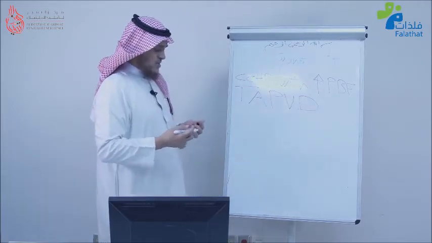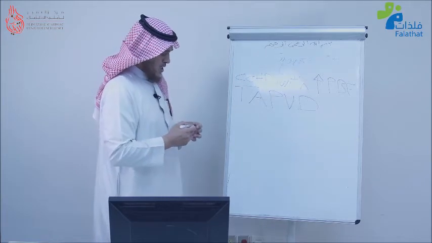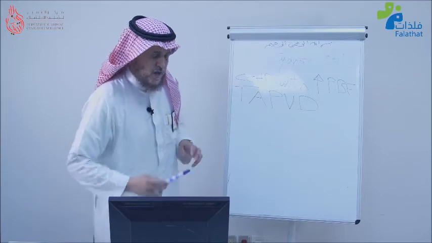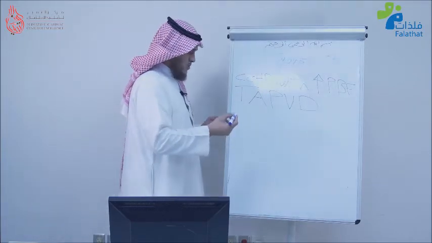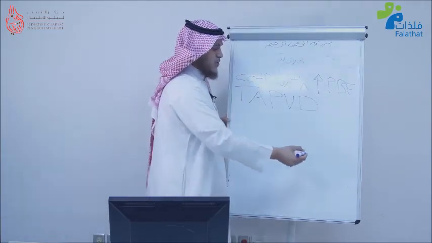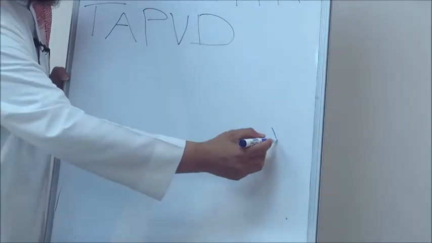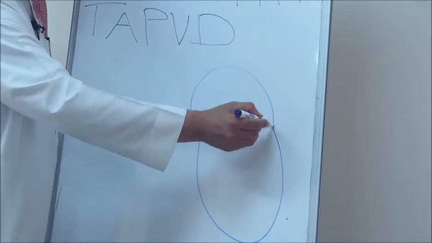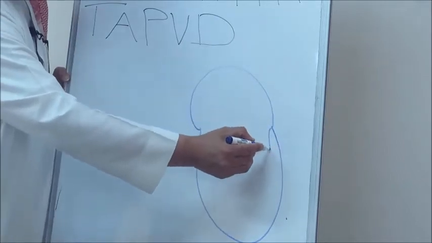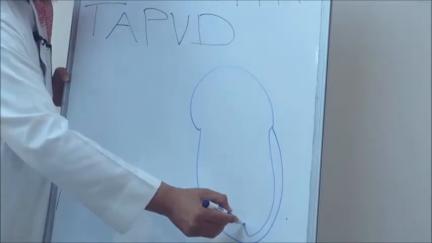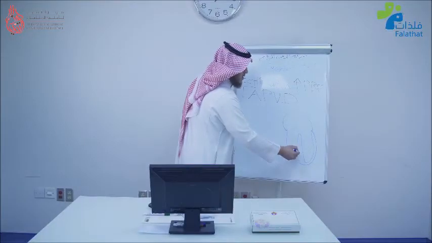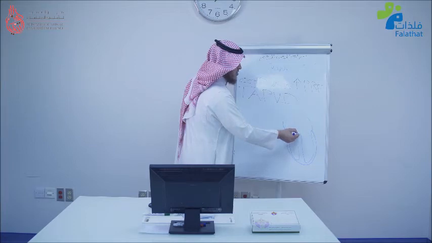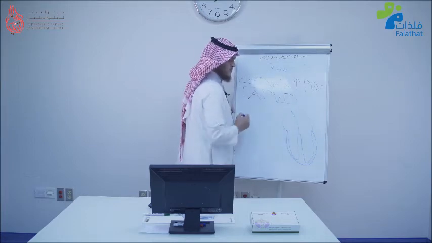So I will just remind you quickly about the anatomy of the heart. If we draw a normal heart, it would look like this: two ventricles, two atria, and then the muscle, the interventricular septum, the other muscle, and these are the atria which are divided by the interatrial septum.